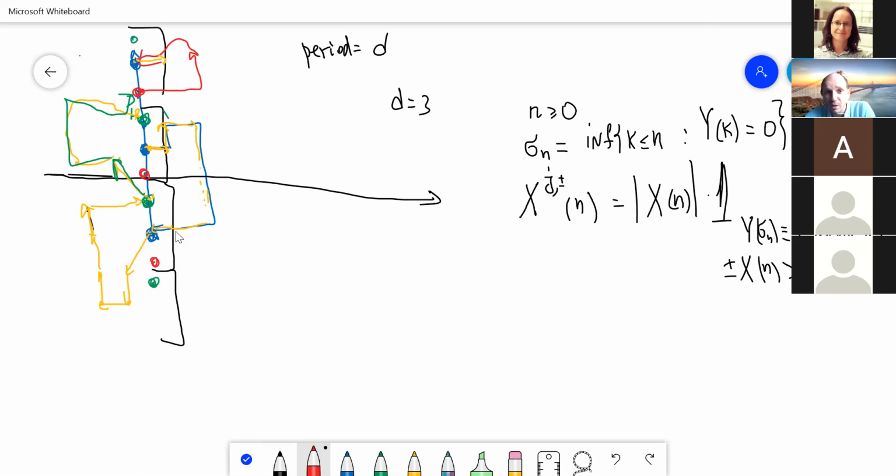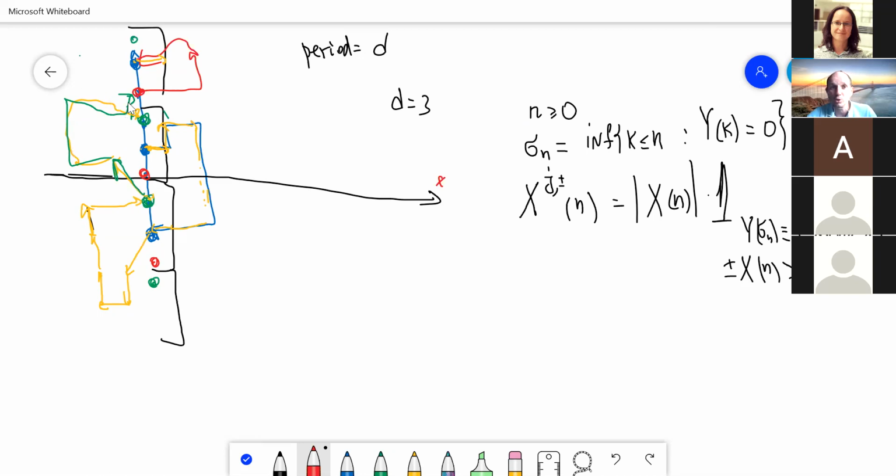Plus means that you go to the right half space, and minus if you go to the left half space. So here the x coordinate is positive, here the x coordinate is negative.